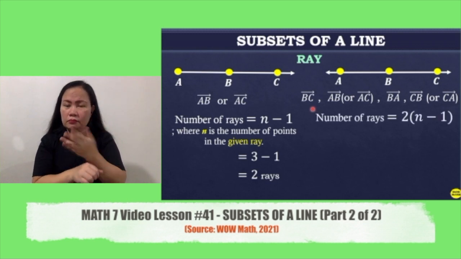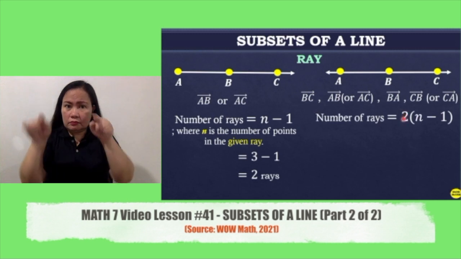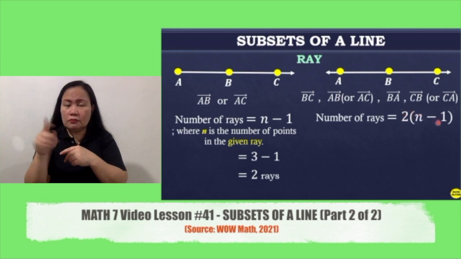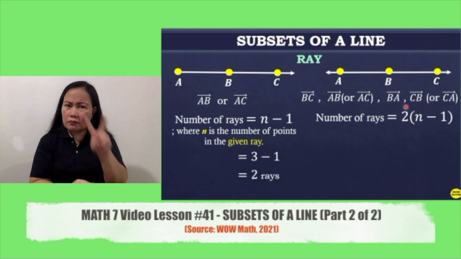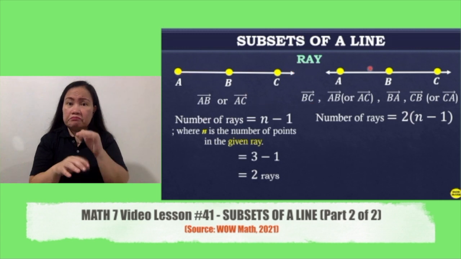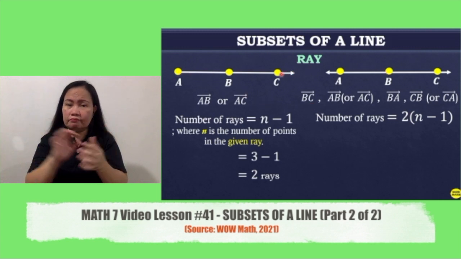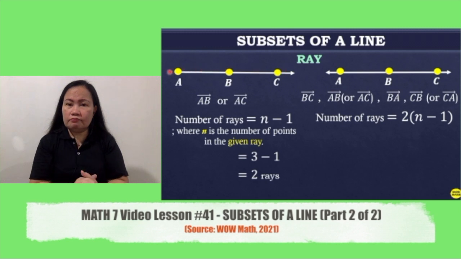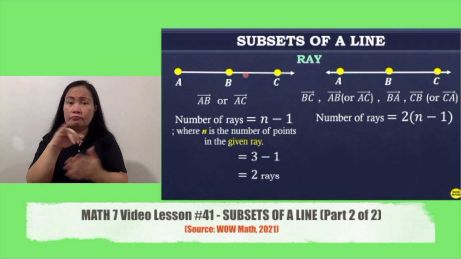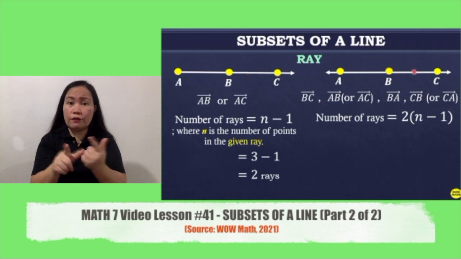So, you can make use of this formula, 2 times the quantity of n minus 1. Now, tatandaan, bakit tayo nagkaroon ng 2? Kasi po, bakit siya nagta-times 2? Kasi po, eto ray lang siya. Now, this time, line na po. Meron na nadagdagan siya ng isang direction dun. So, kaya siya nagta-times 2. So, a ray is just a part of a line.